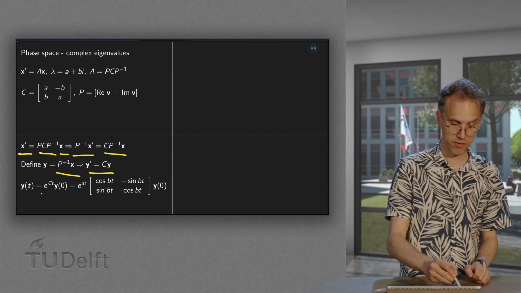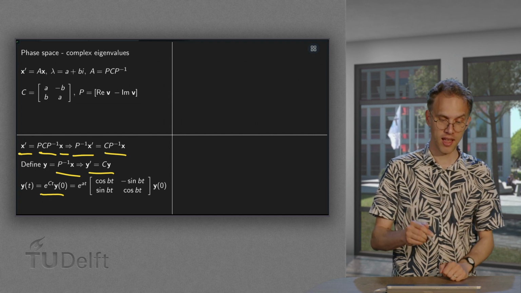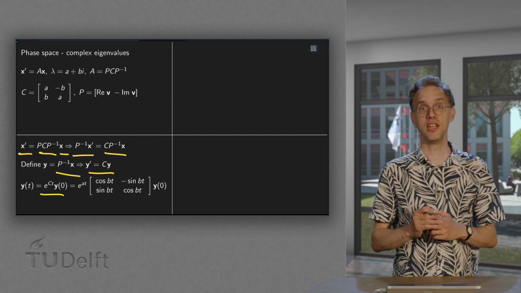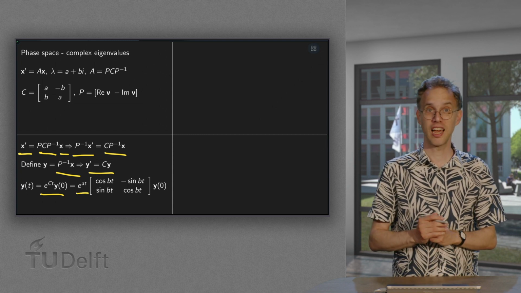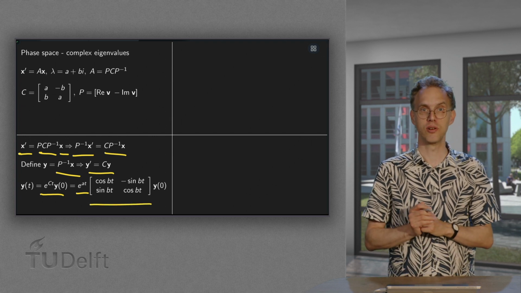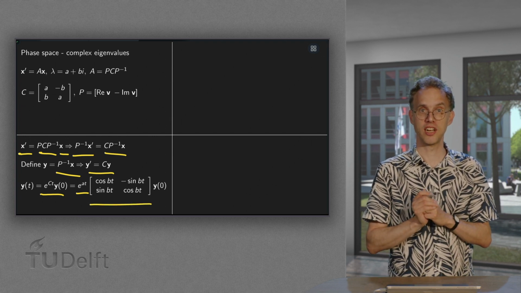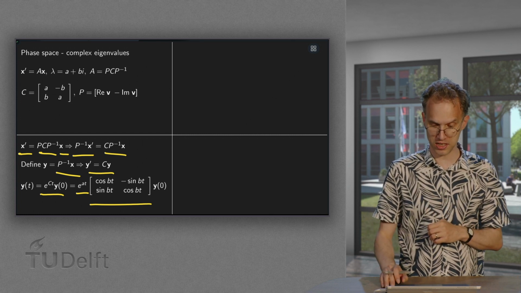We know y of t equals e to the power Ct times y0, some initial condition, and we know e to the power Ct is also a scaling rotation matrix, but now with scaling factor e to the power at and a rotation matrix here: cosine, sine, and minus sine. So how is our phase space going to look in this case?